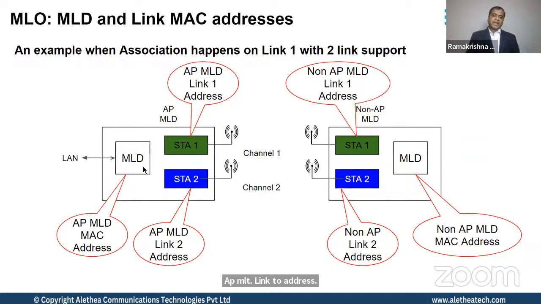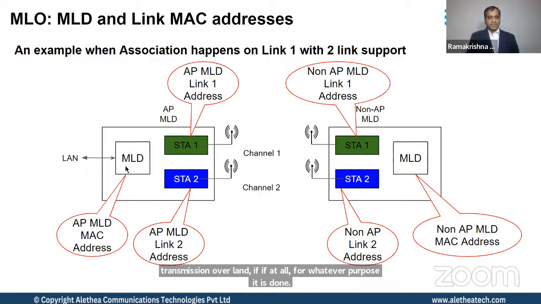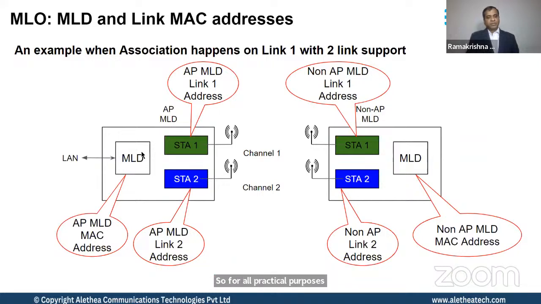Now, the main thing to note is that there is another device, or you can call it a soft device, which is called the MLD, and it has a MAC address. This is the main difference. And as indicated here, the MLD address is what is used for transmission over LAN, if at all, for whatever purpose it is done. So for all practical purposes, the MLD would be visible to the outside world.